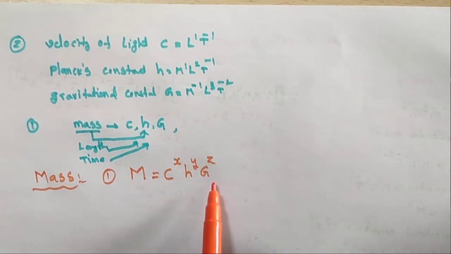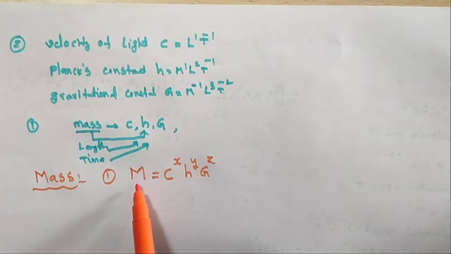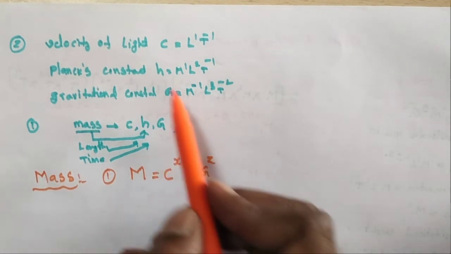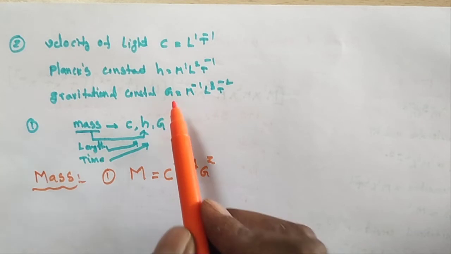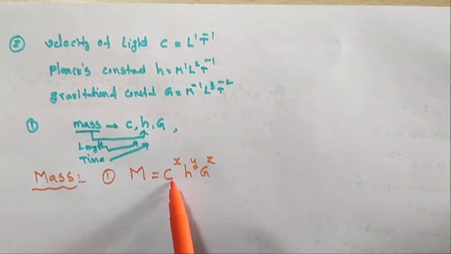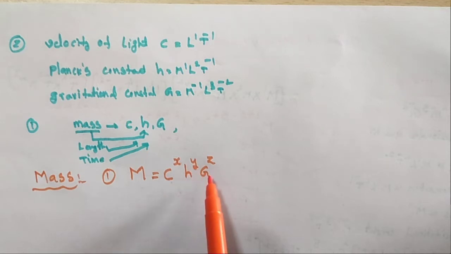I am just assuming that the mass depends on these 3 fundamental quantities: the velocity of light to the power x, the Planck constant to the power y, and the gravitational constant to the power z.